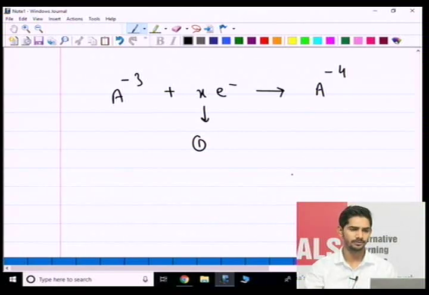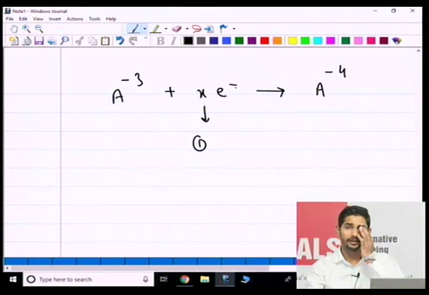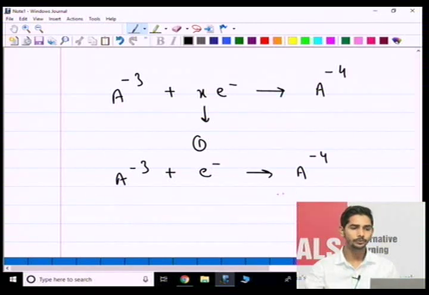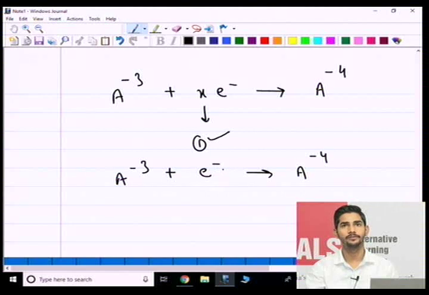No, minus 1. Electron means already a negative charge. Electron means what? Negative charge. I have to just put this one. Now this one will become like this: A minus 3, electron, A minus 4. Now my question is, how can you get the 1 over there?